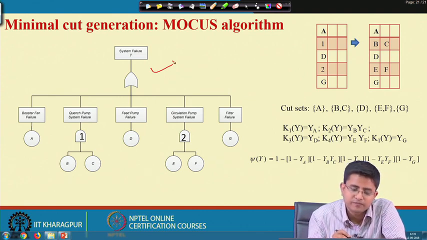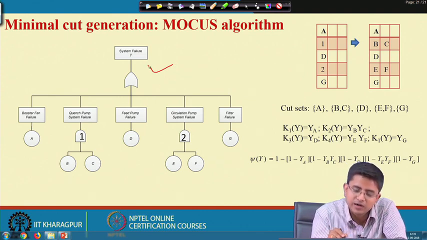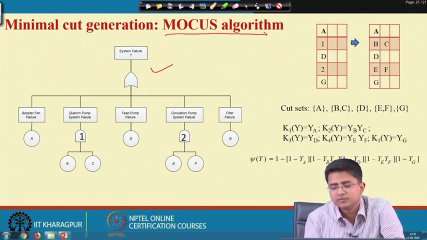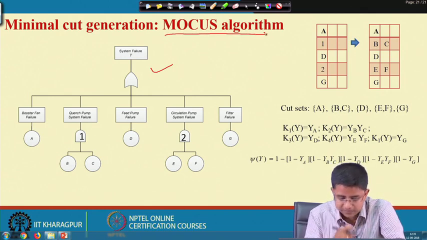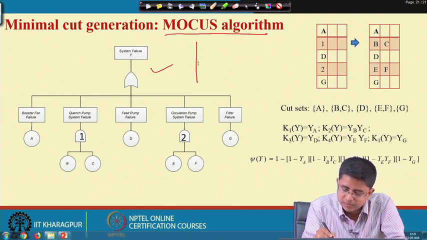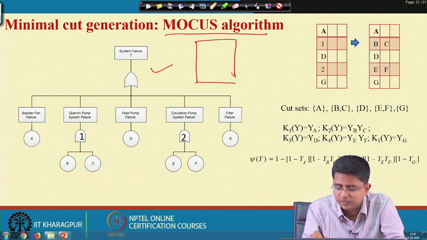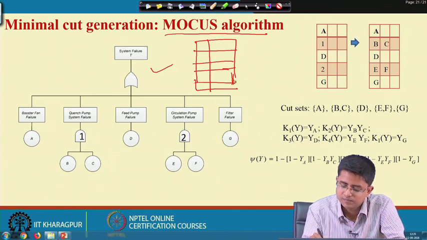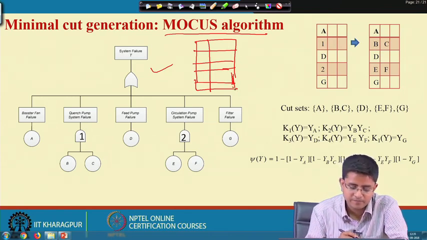So for getting the minimal cut of this fault tree, we have to use the MOCUS algorithm. So what is MOCUS algorithm? Suppose this is my matrix. Okay.